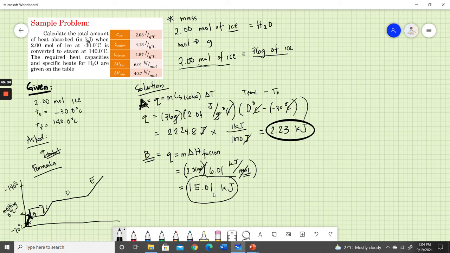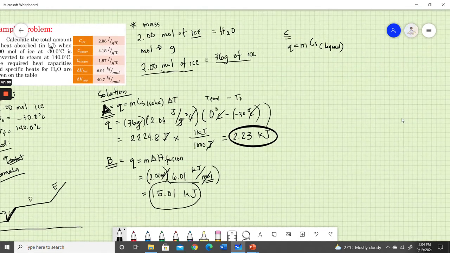Okay, so now let's talk about this portion right here, our third part. And we know that in C, we have to use Q is equal to the mass of the substance, heat capacity, but this time in liquid form, multiplied by the change in temperature.